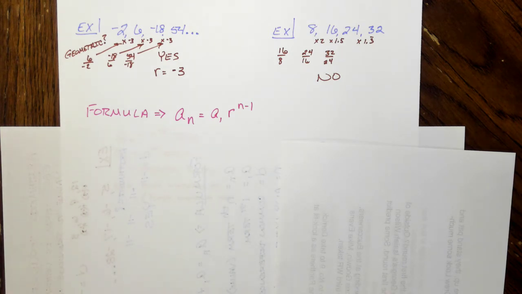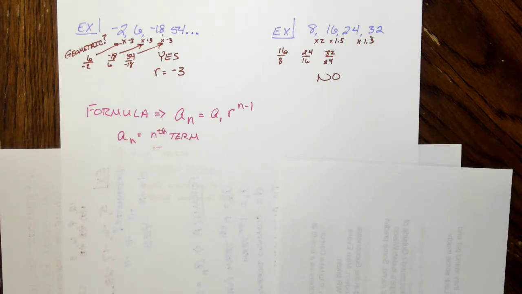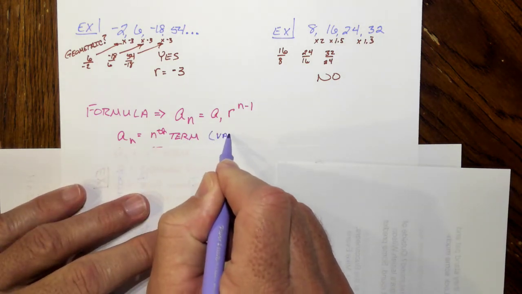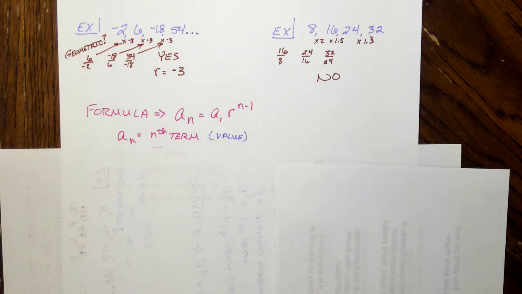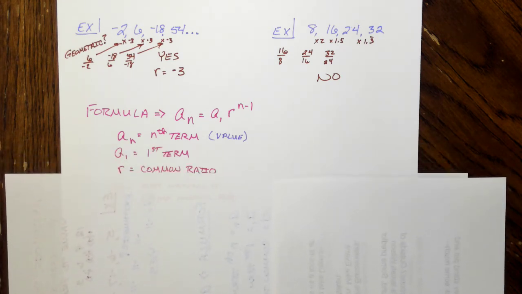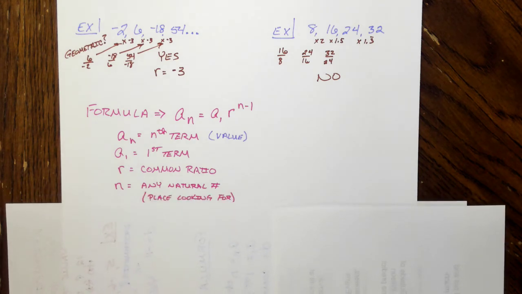A sub n, as before, is going to be your nth term, the value of it. Y value, if you will. A sub 1 will be your first term. R, that's your common ratio. And then n will be any natural number, which is, again, the place that we're looking for.